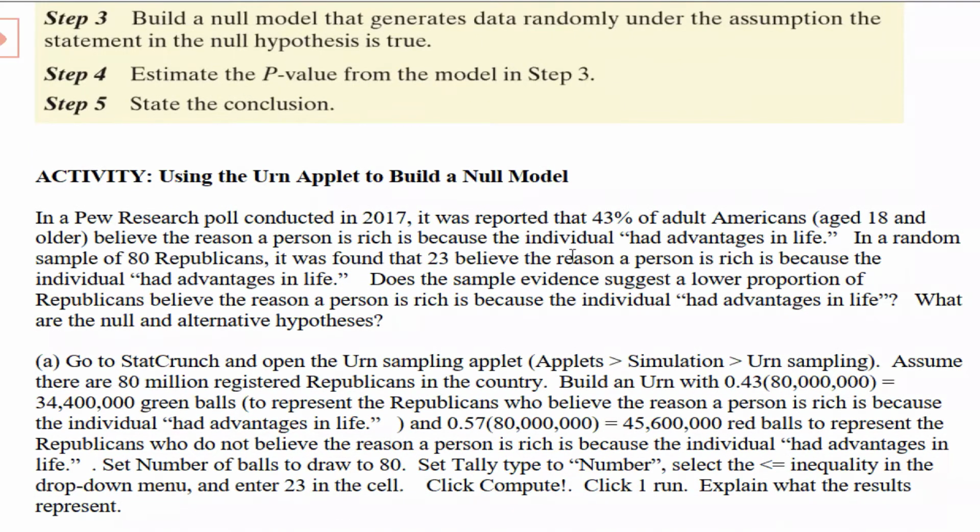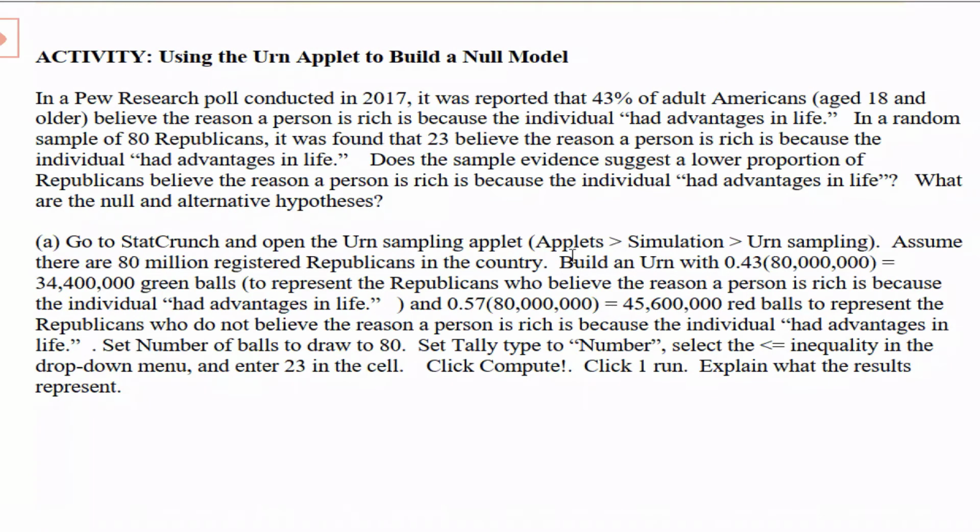Now let's do it using the Urn Applet. So here's the scenario. In a Pew Research poll conducted in 2017, it was reported that 43% of adult Americans, so we're going to define adult American as aged 18 or older, believe the reason a person is rich is because the individual, quote unquote, had advantages in life.